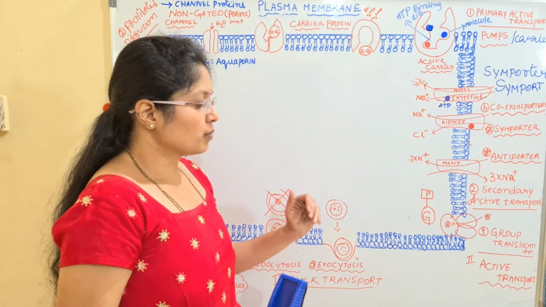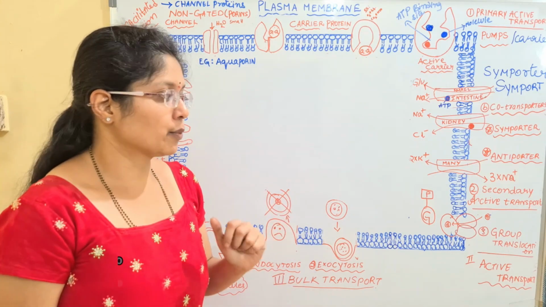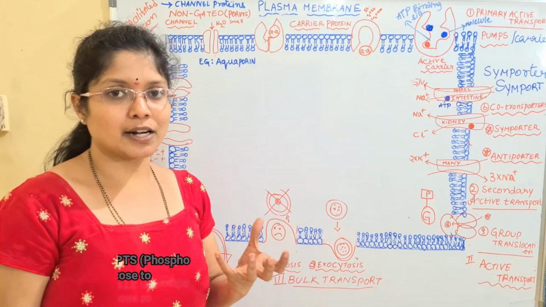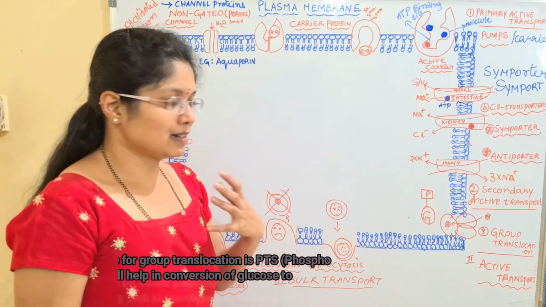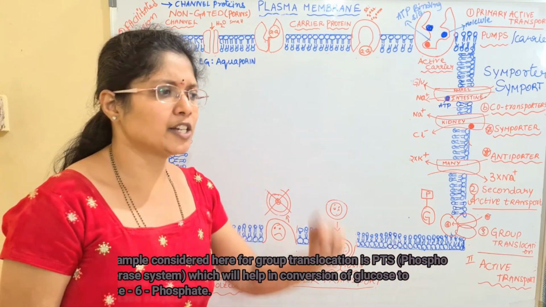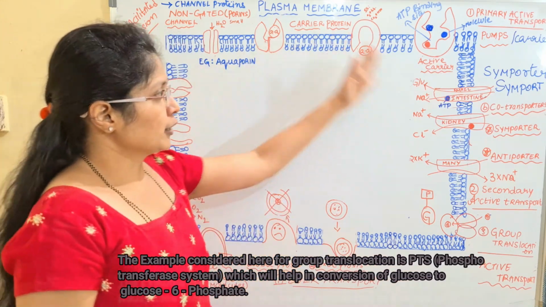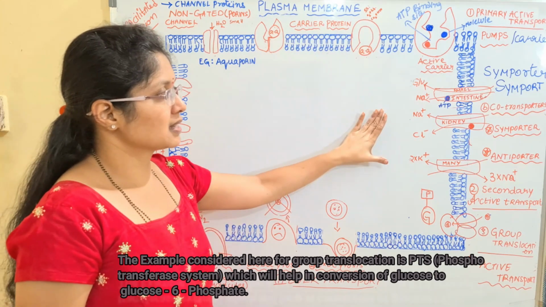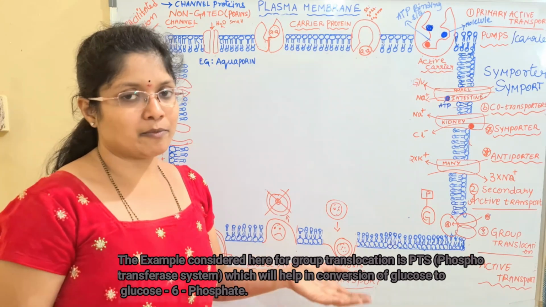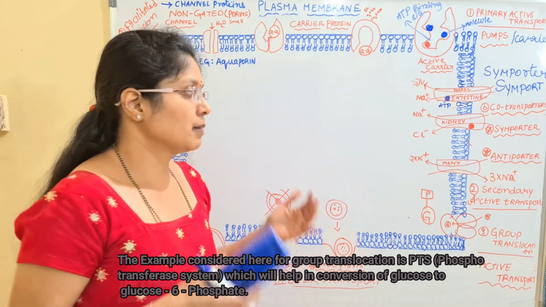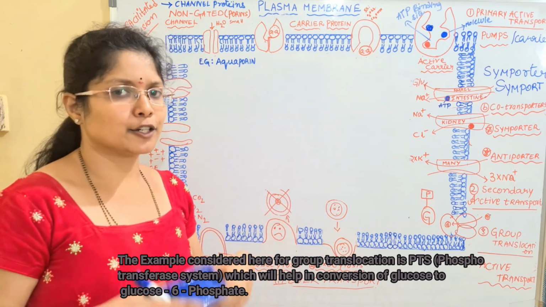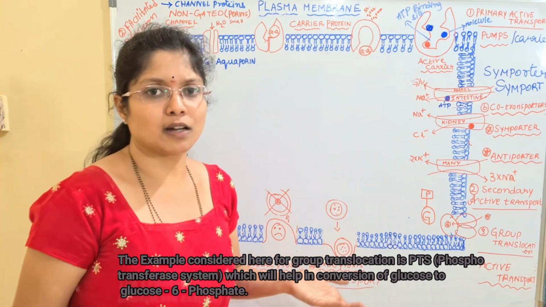Okay, so in the group translocation mechanism, multi-subunit complexes are involved, and these are mainly enzyme complexes, and the major important function is that they modify the substrate. In the other cases we have seen, the substrate molecules are the same when they are outside and when they enter inside, there is no change in their conformation.